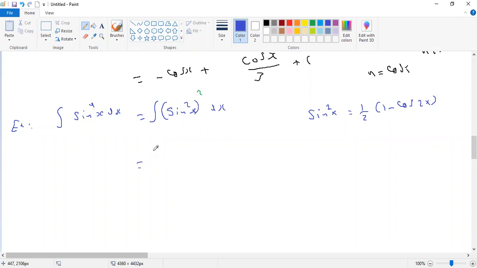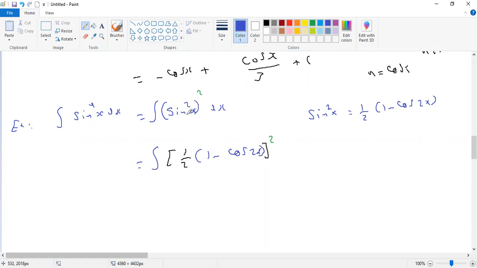Equal to the integral of, sine squared is half, so we can write half of 1 minus cosine 2x, close the bracket, squared.